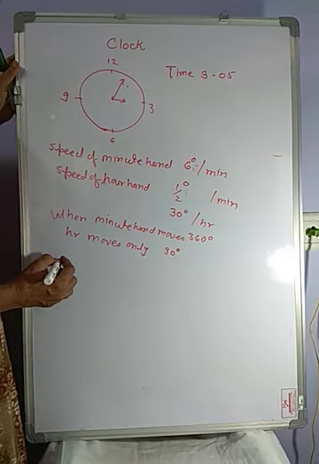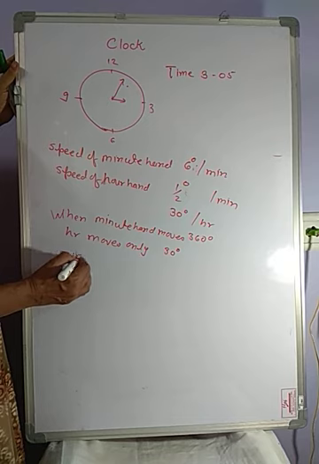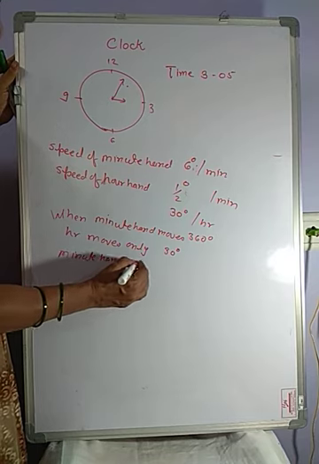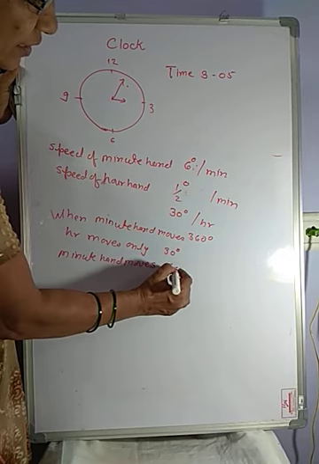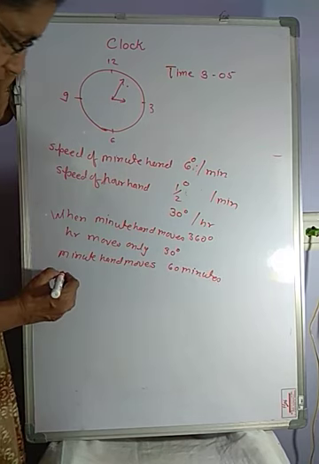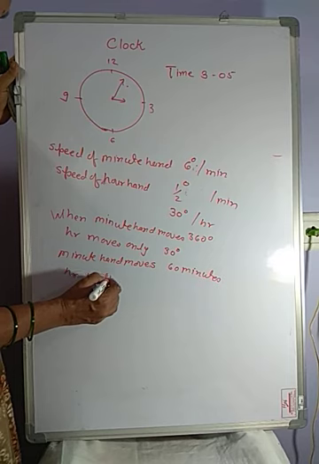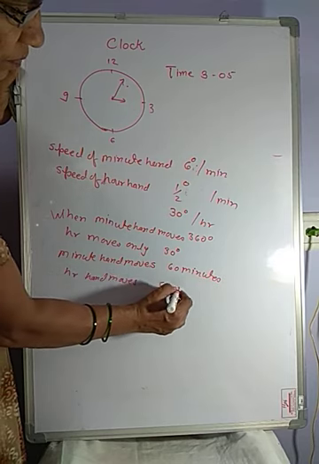In other words, when the minute hand moves 60 minutes, then the hour hand moves 5 minutes.